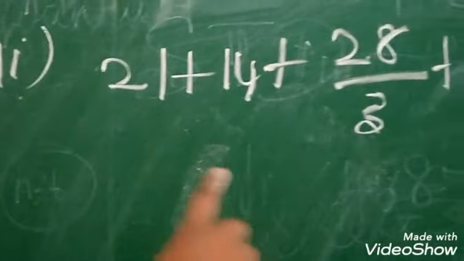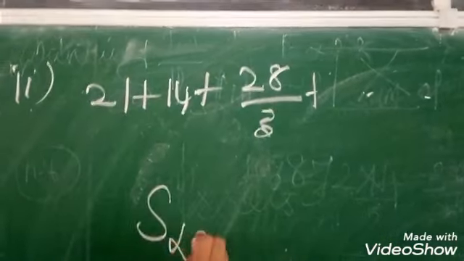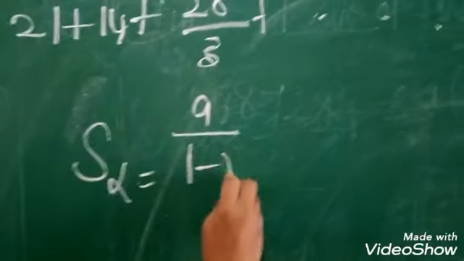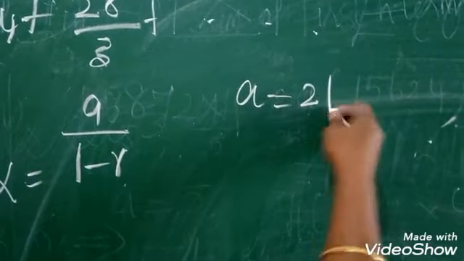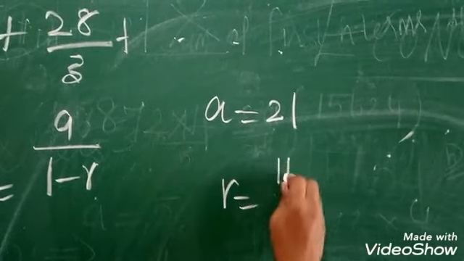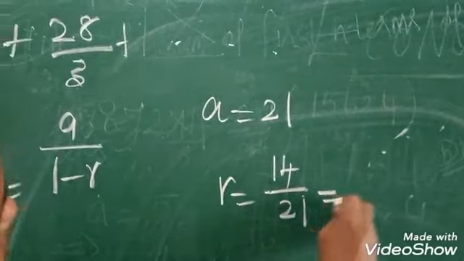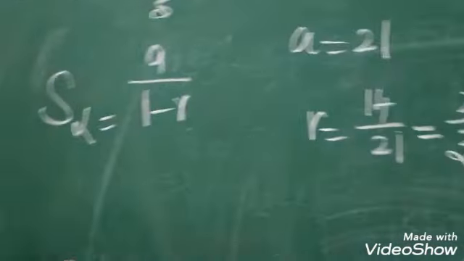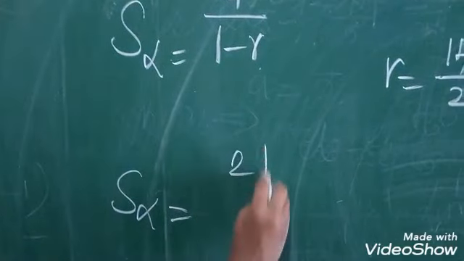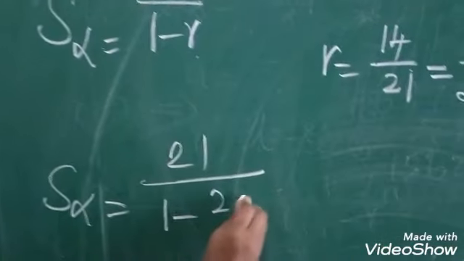Asking the second one, same like this, girls. S infinity they asked. The S infinity formula is A divided by 1 minus R. From this series, we have to take A is equal to 21, R is equal to second term divided by the first term. If you divide with the 7 table, you will get 2 by 3. Okay girls? Now you should apply S infinity is equal to 21 divided by 1 minus 2 by 3.